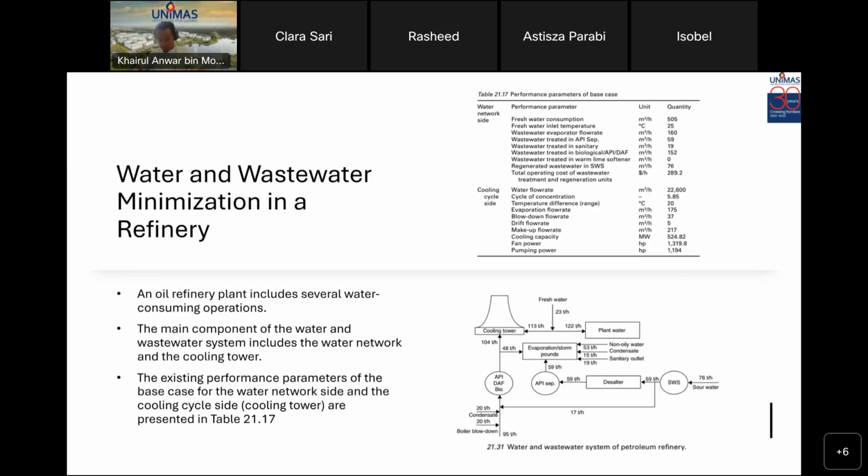You can refer to chapter 10 of this book, but inside the slide there's a method on how to construct it. Another question is about the grand composite curve, utility selection.